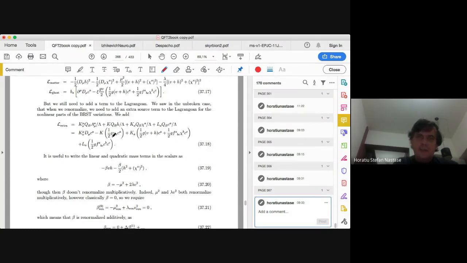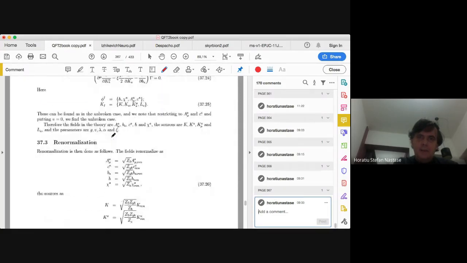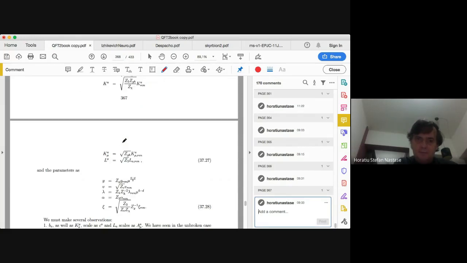It's divided by the renormalization of the coupling times K. So it's square root Z ghost divided by square root Z K A, and then the renormalization of the coupling gives this square root Z3.